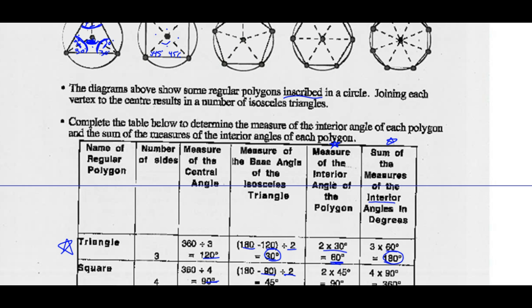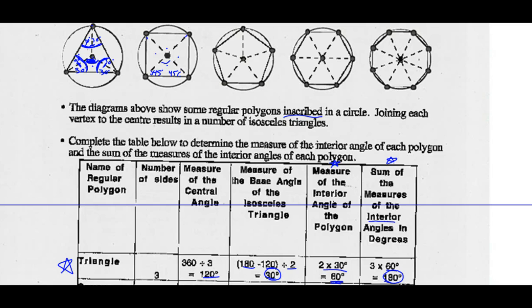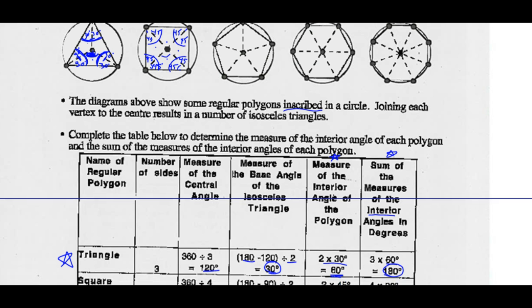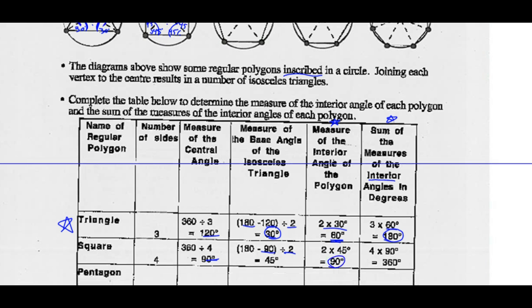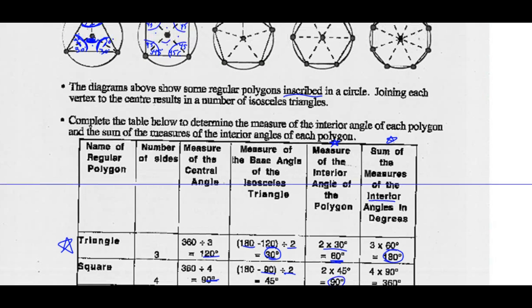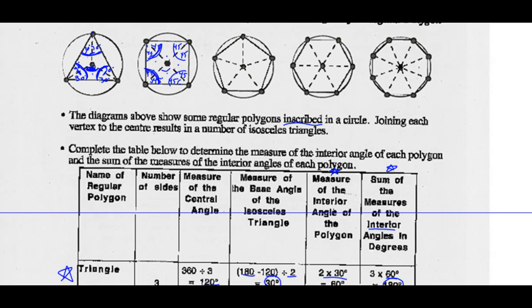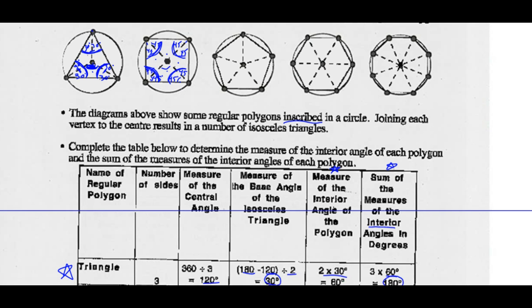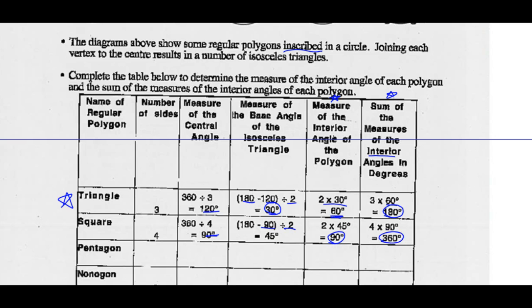Now, every base angle in the isosceles triangle is 45, so every interior angle of the square turns out to be 45 plus 45, or 2 45s, which is 90. And I've got 4 sets of 90 in the square. 4 90s is 360. So the sum of the interior angles of a 4-sided figure is 360.